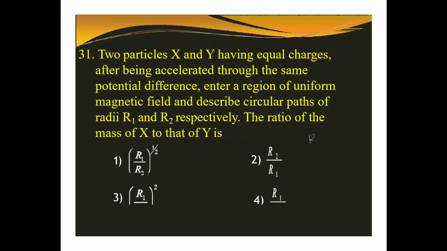We know that the radius of a circular path is mv by qB. Again, kinetic energy is also written as half mv squared. So you have to build up a relation in terms of kinetic energies.